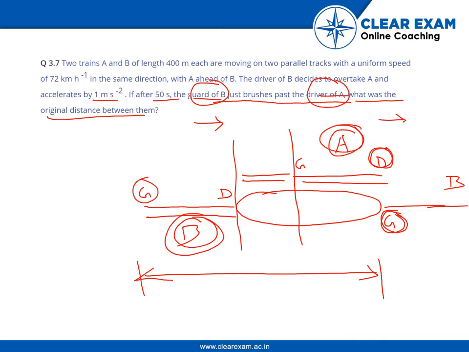Right. So it moves past this distance with what amount of time? 50 seconds. And the acceleration was 1 meter per second square. That means we need to apply the formula which relates the acceleration with the time dimension, right?